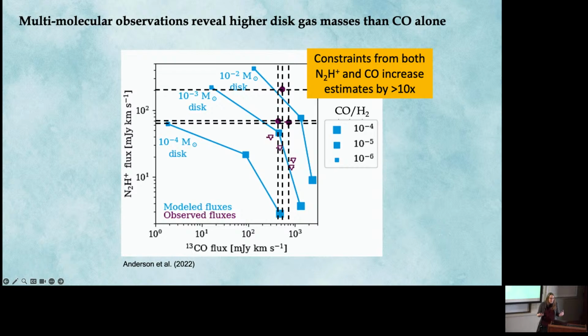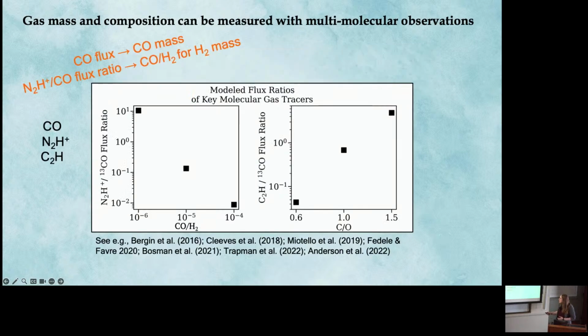So at least for some subset of disks, we see that this carbon depletion is an important problem that we have to account for if we want to get an accurate measurement of the disk gas mass. So back to our key tracers. We're using the N2H+ over CO flux ratio to get those constraints on the CO depletion factor and more accurate H2 masses.